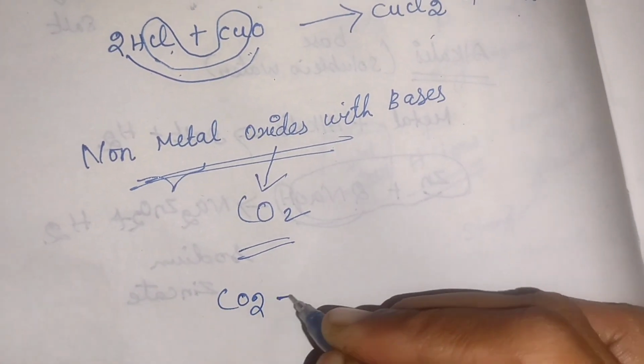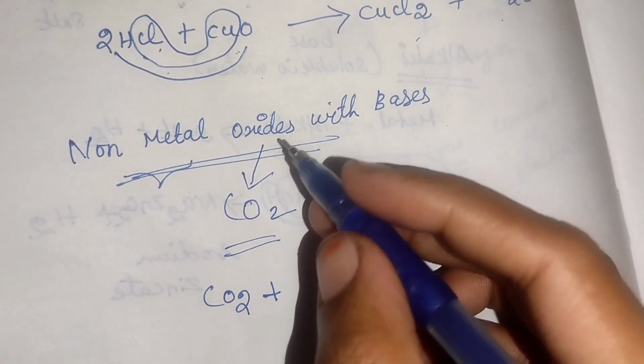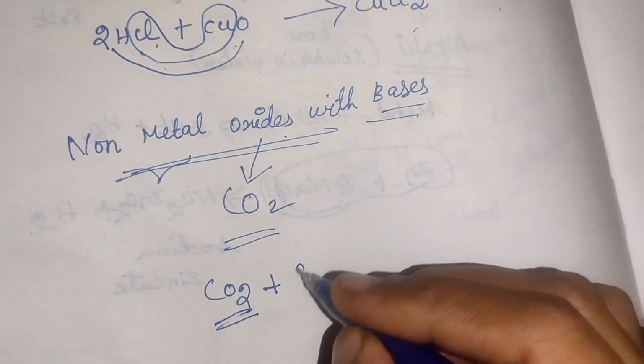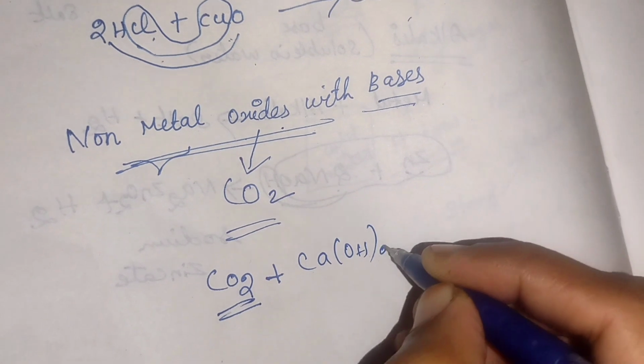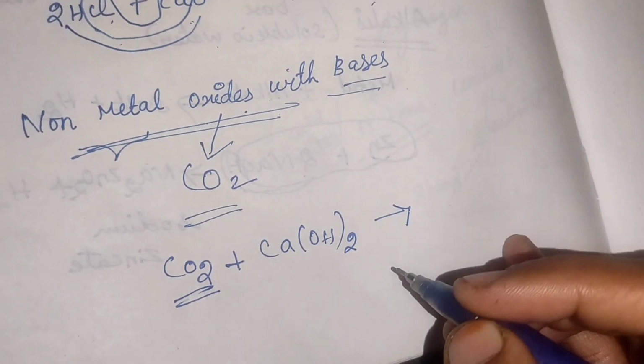Carbon dioxide, a non-metal oxide, and a base. What base am I taking? Calcium hydroxide, Ca(OH)2. Calcium hydroxide base I am taking here. What will happen?